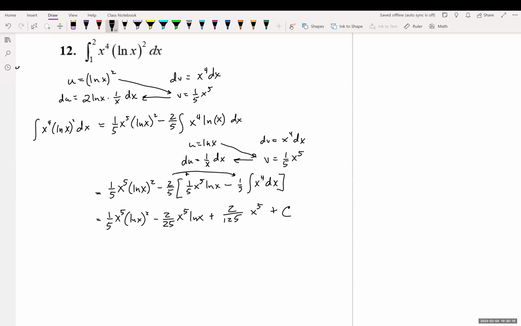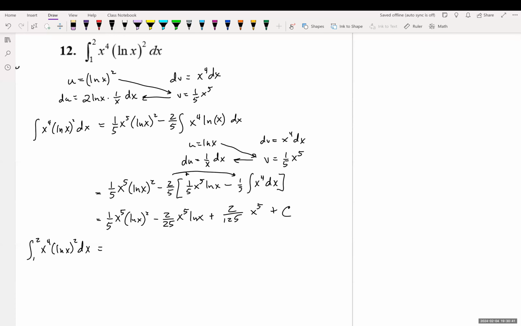And now we're ready to take our original integral, which was a definite integral, and plug the limits of integration into our antiderivative above. In other words, we're going to plug in 2, and then plug in 1 and subtract. So we have 1/5, 2 to the 5th. When I plug in 2 right there, I'm going to get 32.